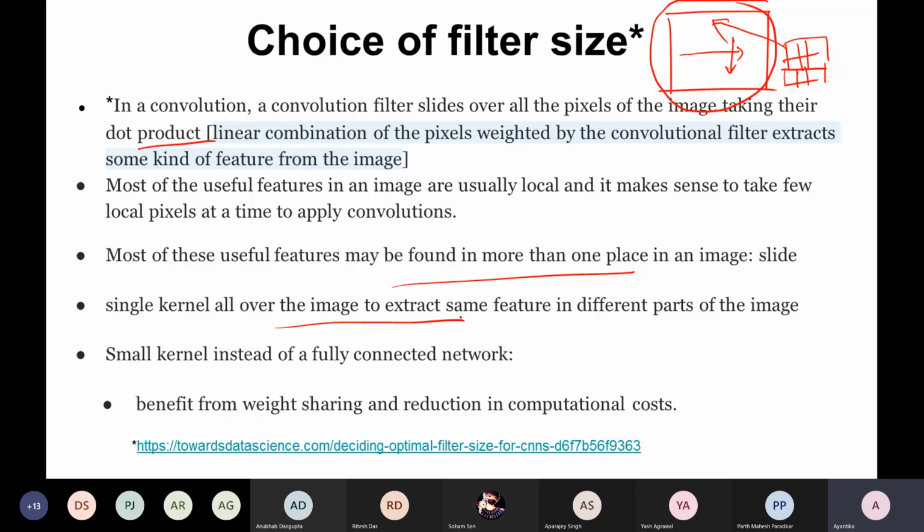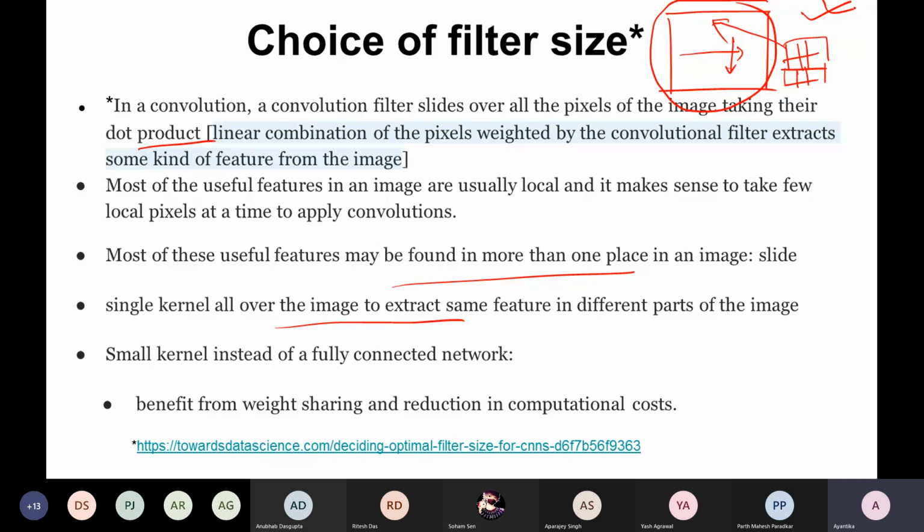Whenever we use a very huge kernel, for each and every slide we are supporting a huge amount of computation, because the more you increase the filter size, 4 cross 4, 5 cross 5, the more multiplications you have to support.